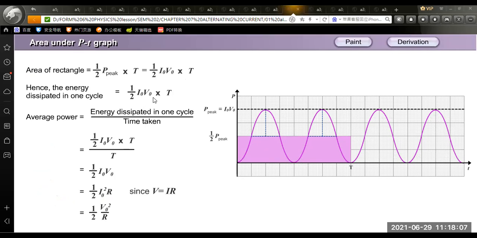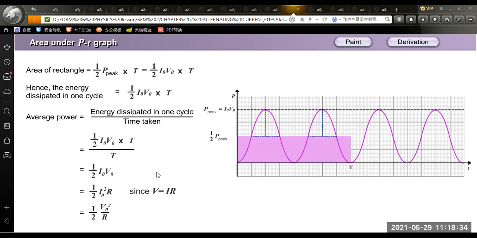So half I naught V naught times T will be the energy dissipated, energy converted to heat or converted to other energy. So for the average energy, we use the energy dissipated in one cycle, half I naught V naught T, to confirm the average power.